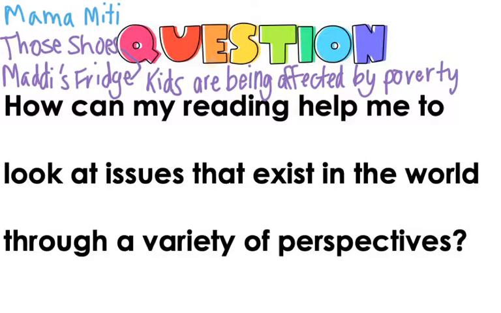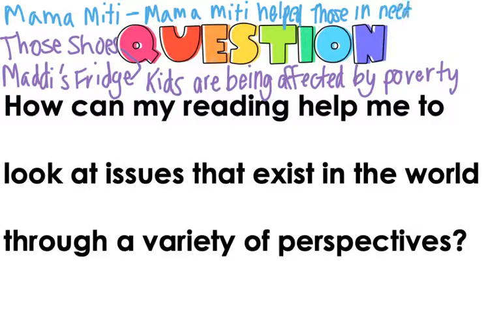Okay? And then in Mama Mitty, I see something a little bit different. Instead of kids, which was a part of it, I think there was help. So Mama Mitty helped those in need, and they dealt with poverty.